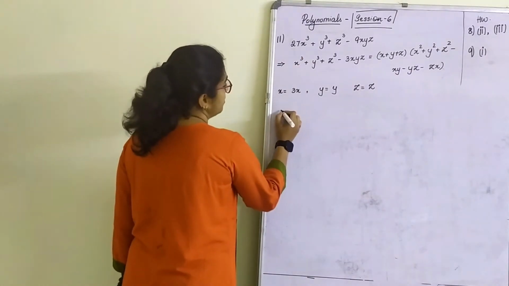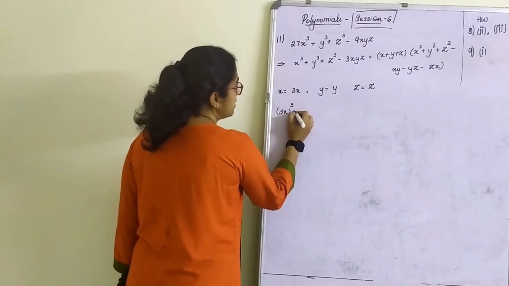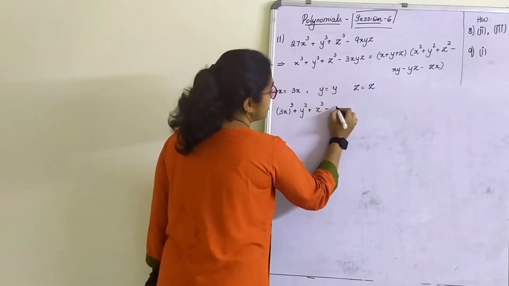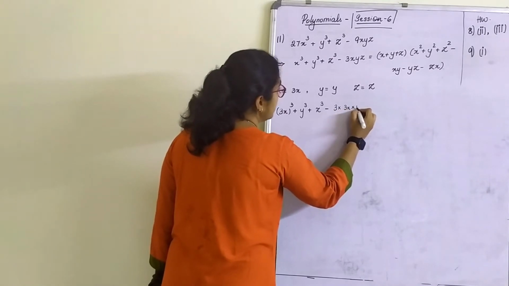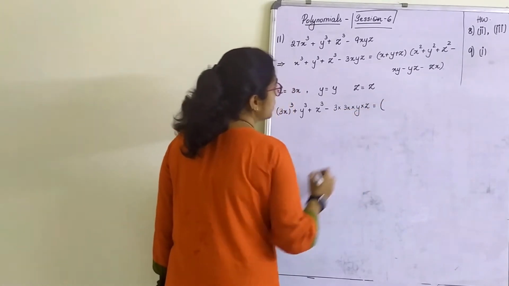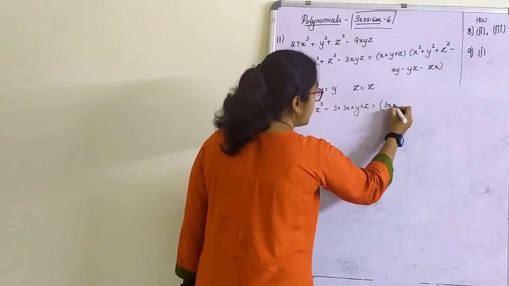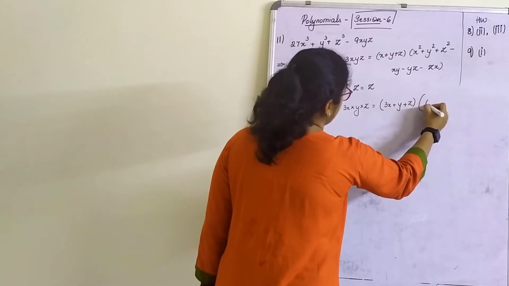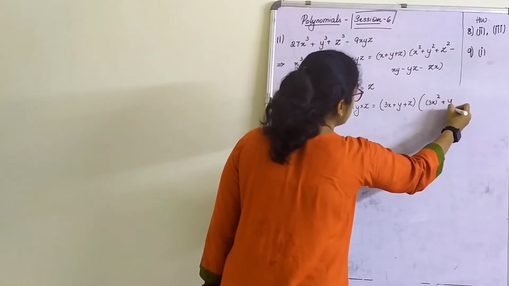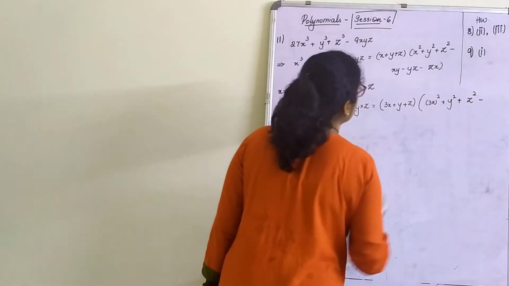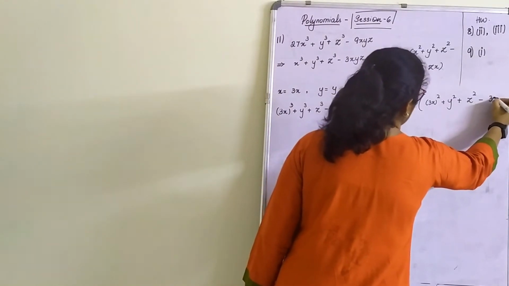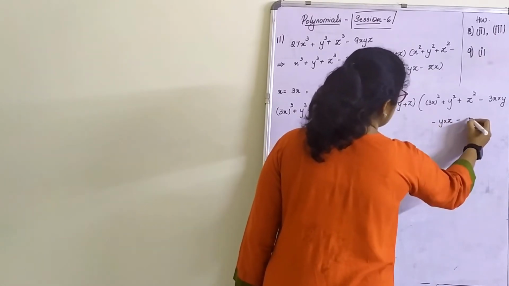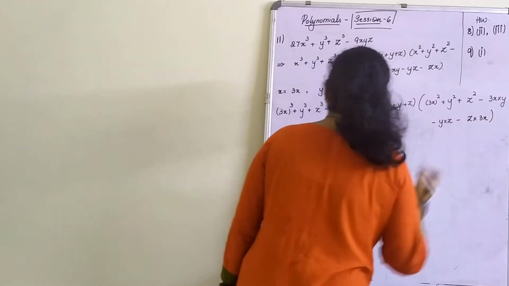So we'll substitute: 3x cube plus y cube plus z cube minus 3xyz, so 3 into 3x into y into z, is equal to 3x plus y plus z of first term 3x square plus y square plus z square minus 3x into y, minus yz, y and z are the same, minus z into 3x. Finally, we'll simplify it.